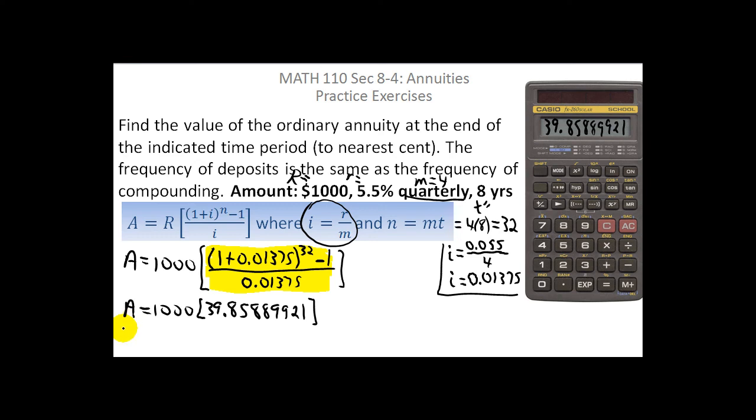So like I said, the only thing left to do to calculate the future value is to take the displayed value and multiply it by 1,000. So it will be times 1000 equals, I get 39858.89921. The problem asks us to round the final answer to the nearest cent.